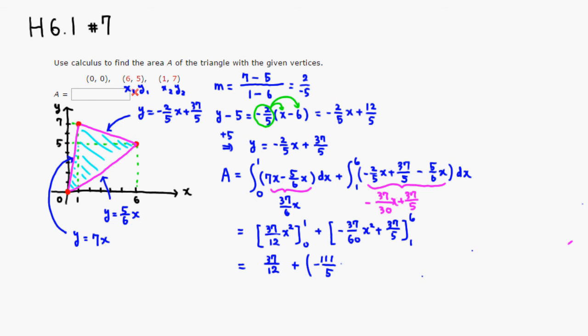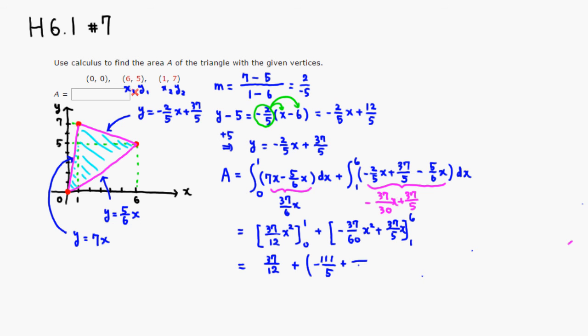And plus 37 over 5. Actually, I forgot, oh gee, I forgot x there. All right, so there should be x there. Then you have a 37 times 6.